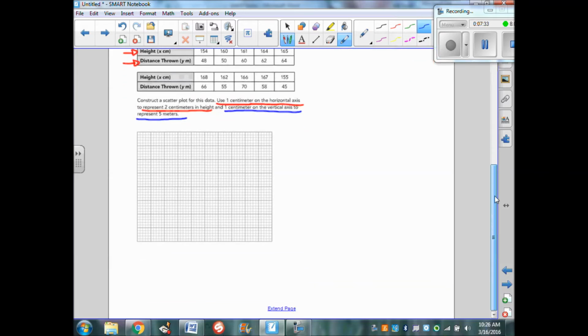So let's go down here and so we know that our height is down here on the horizontal axis, and that's in centimeters, and that's our x-axis. And we also know that the distance is in meters, and that's our y-axis.